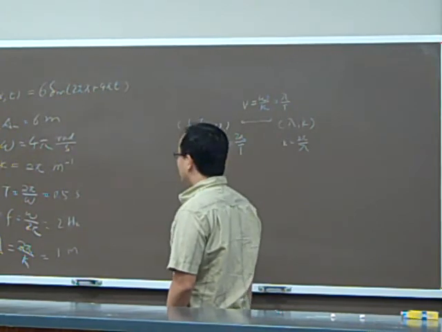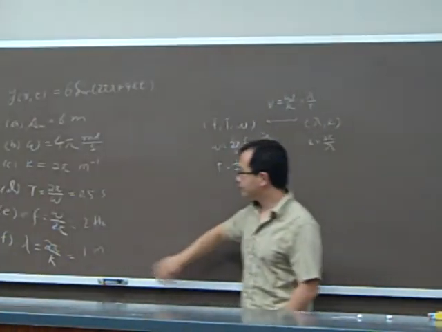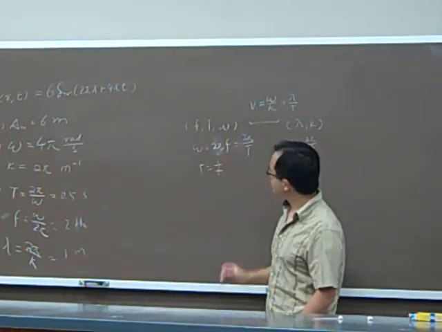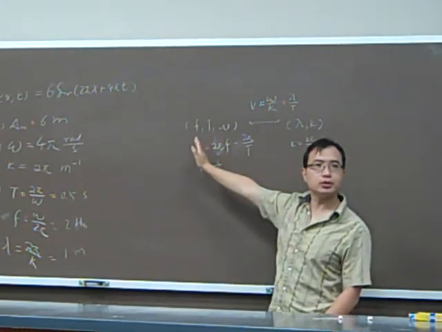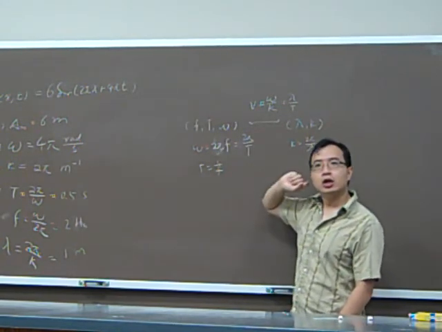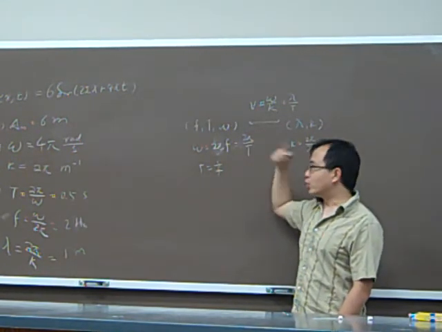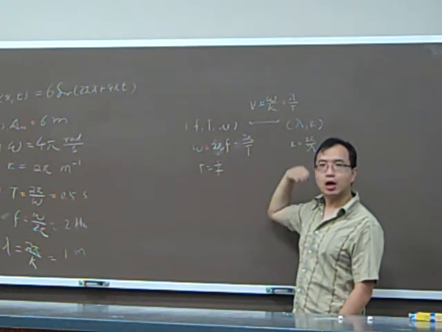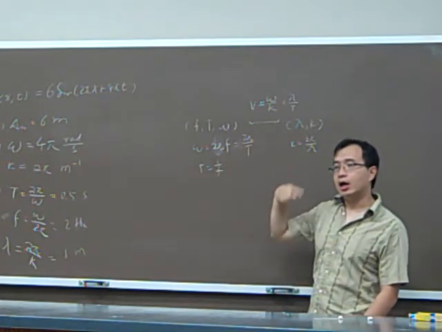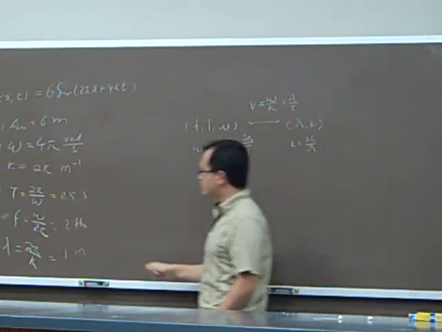And again, I would like to emphasize the understanding of these things, why you have this group and this group. So this is talking about repeating over time. This is talking about repeating after a distance.